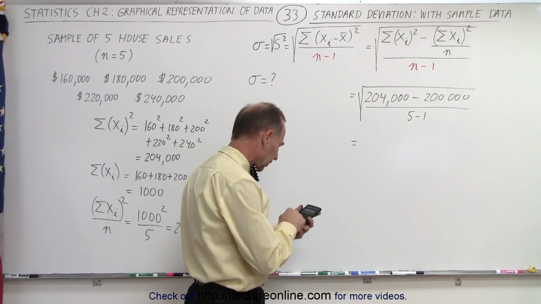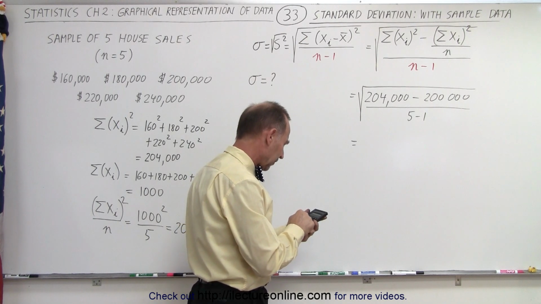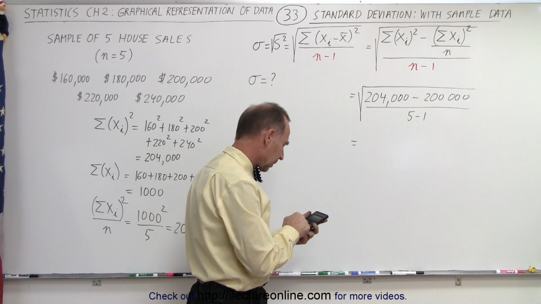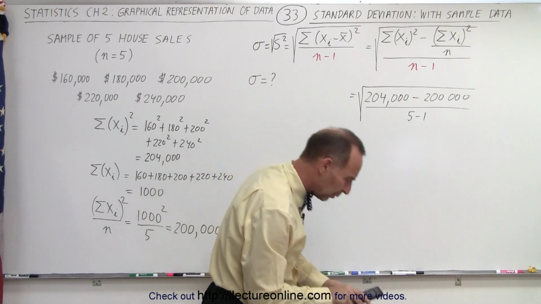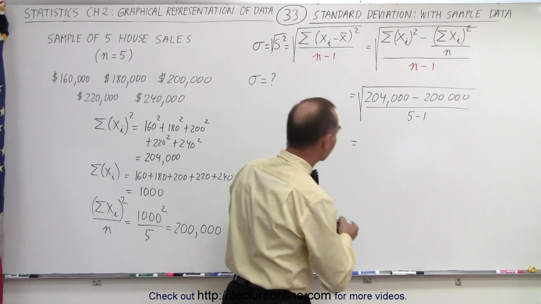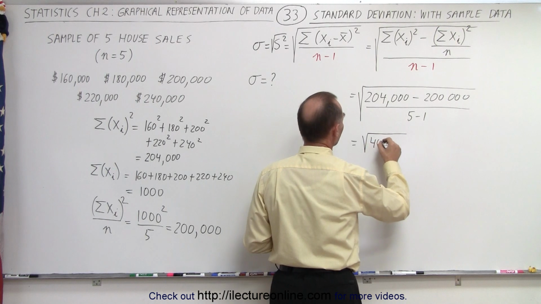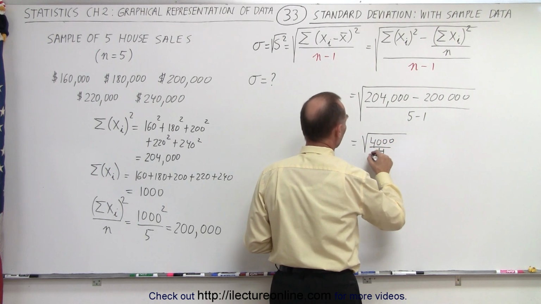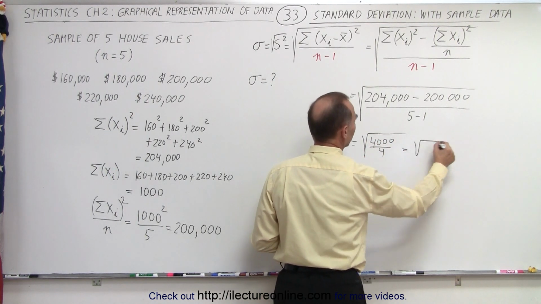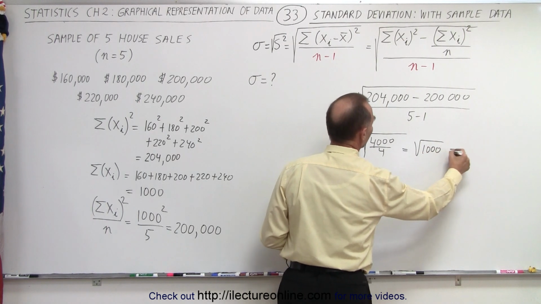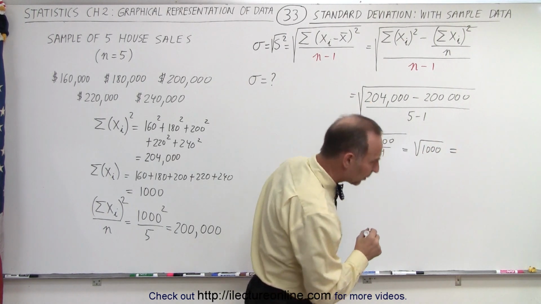So that gives us 4,000 divided by 4, and then we take the square root of that. So that's the square root of 4,000 divided by 4, which is equal to the square root of 1,000, which is equal to 31.6.